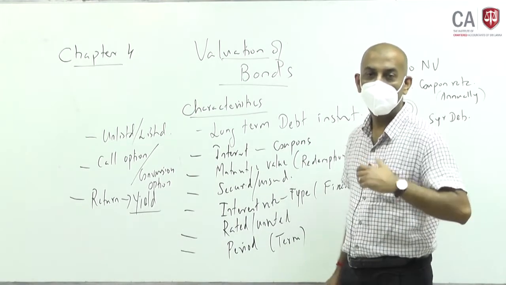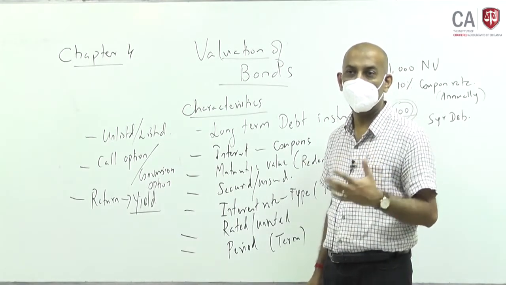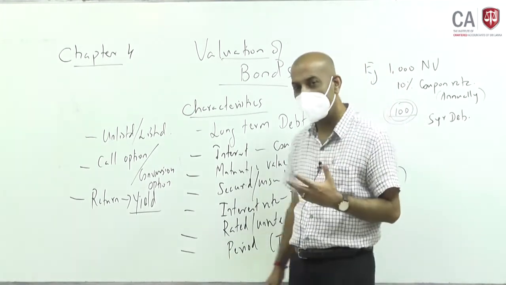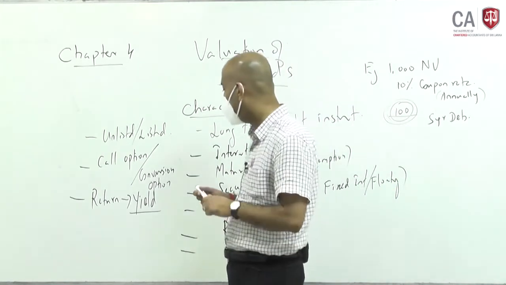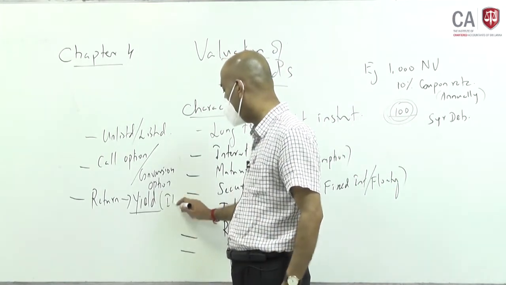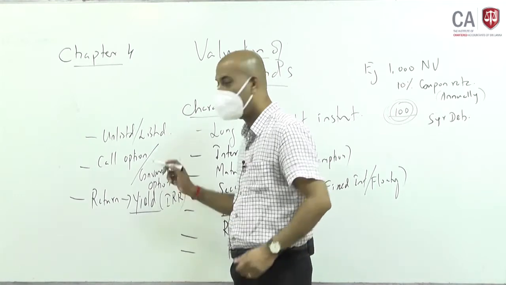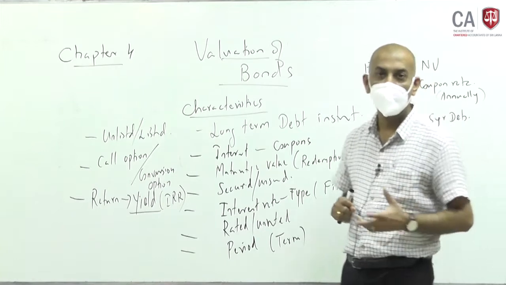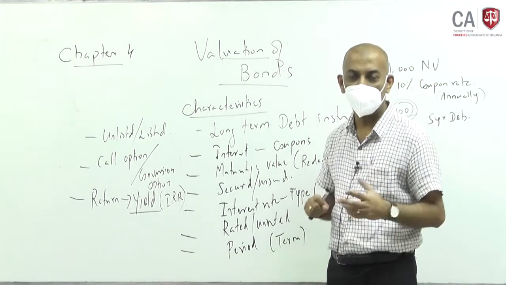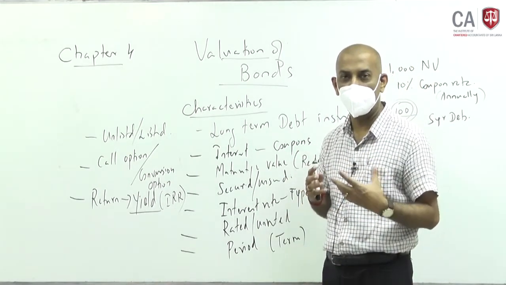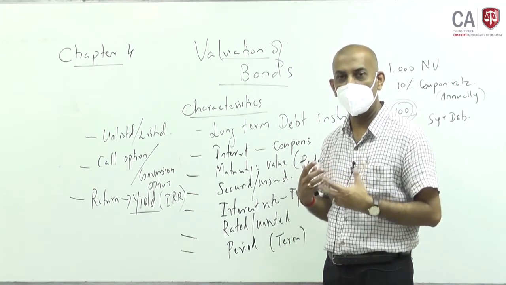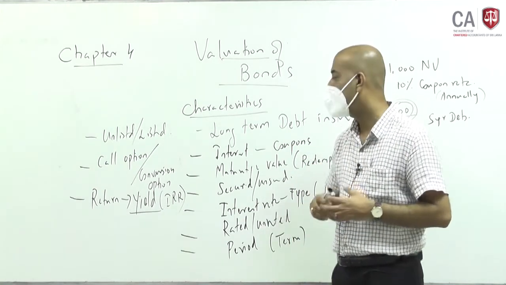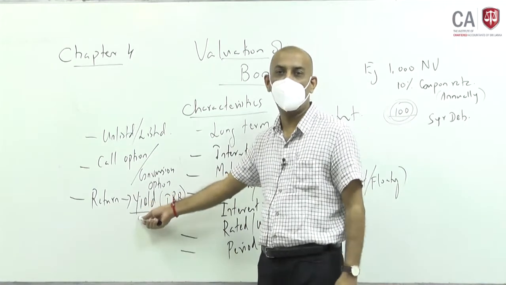Yield is the return of the instrument. Actually when we say yield, it's the IRR. Yield of the instrument is the IRR of your debenture or the government bond. So when you calculate the IRR of the debenture or government bond, that gives you the yield of the instrument. So this is the return of the instrument.